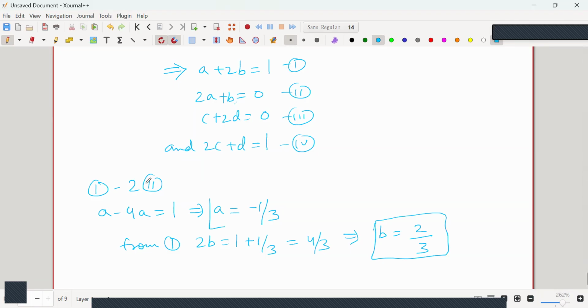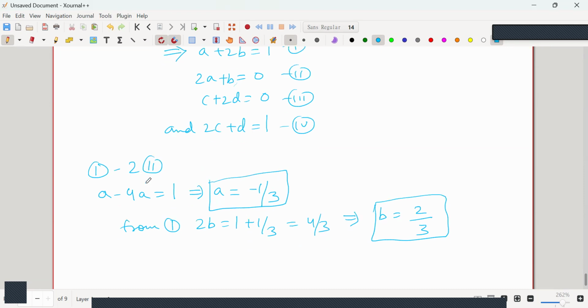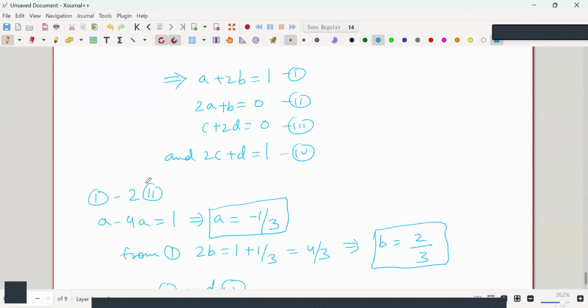And now these values will satisfy 1 because minus 1 by 3 plus 4 by 3 is 1, correct? And minus 2 by 3 plus 2 by 3 is 0, that is also fine. Similarly, from third and fourth. So see, these two are same as first and second.